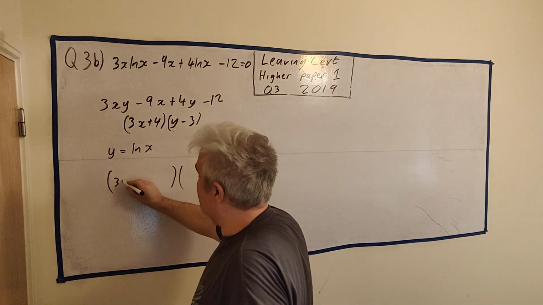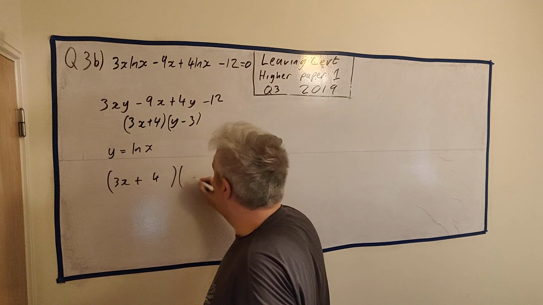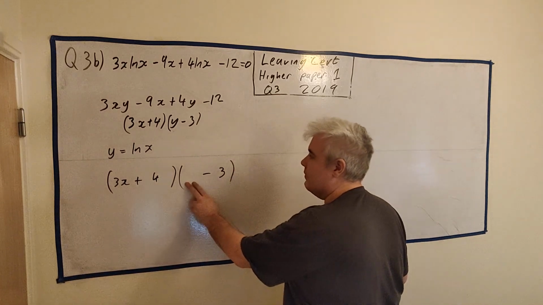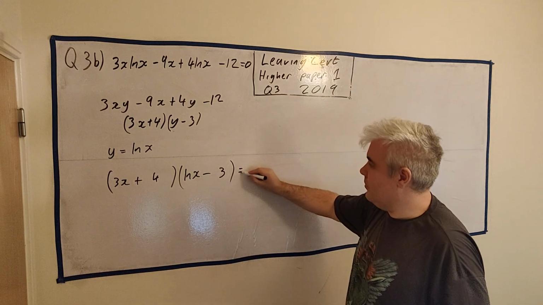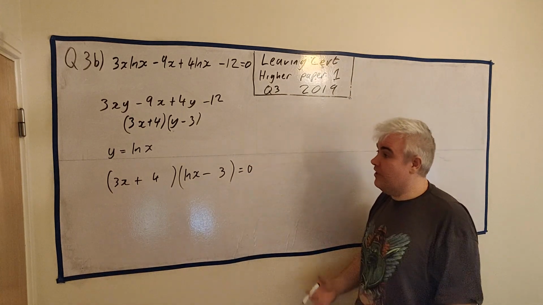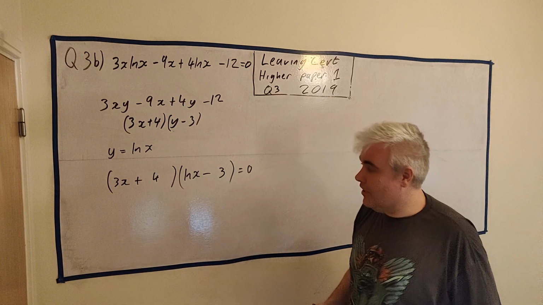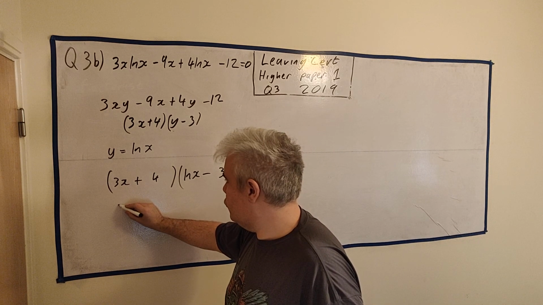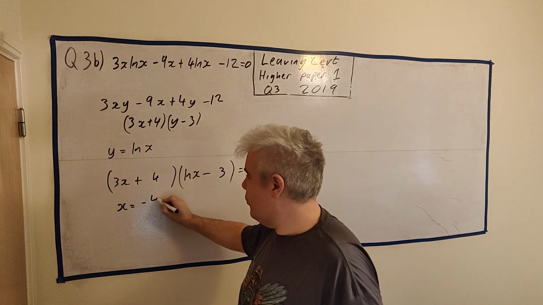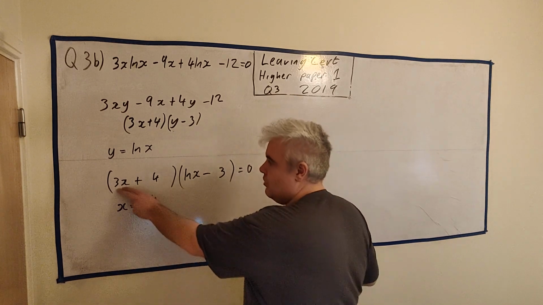It would be 3x plus 4, and a minus 3 here. The only difference would be the y. I would get natural log x. That's the only difference. So we're nearly finished. We can write the answer out straight away. And this becomes x is equal to minus 4 over 3. That's 3x equals 4.